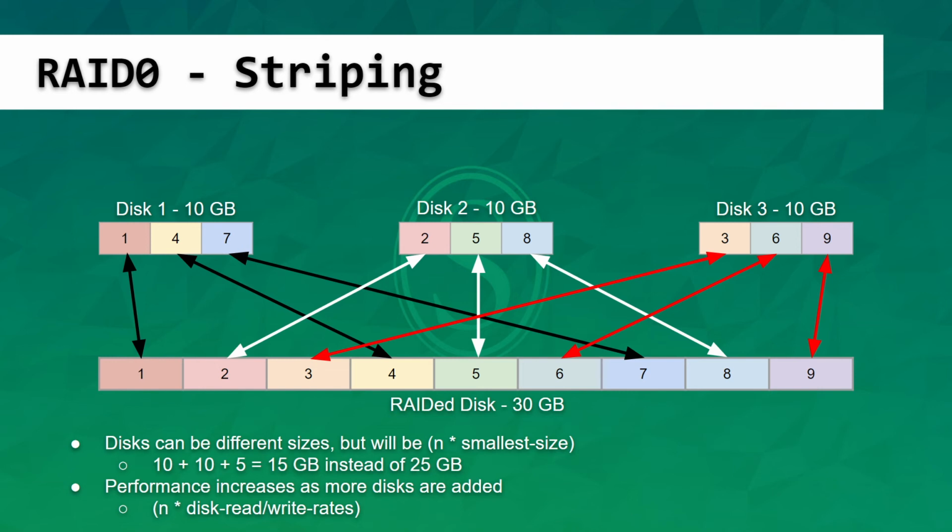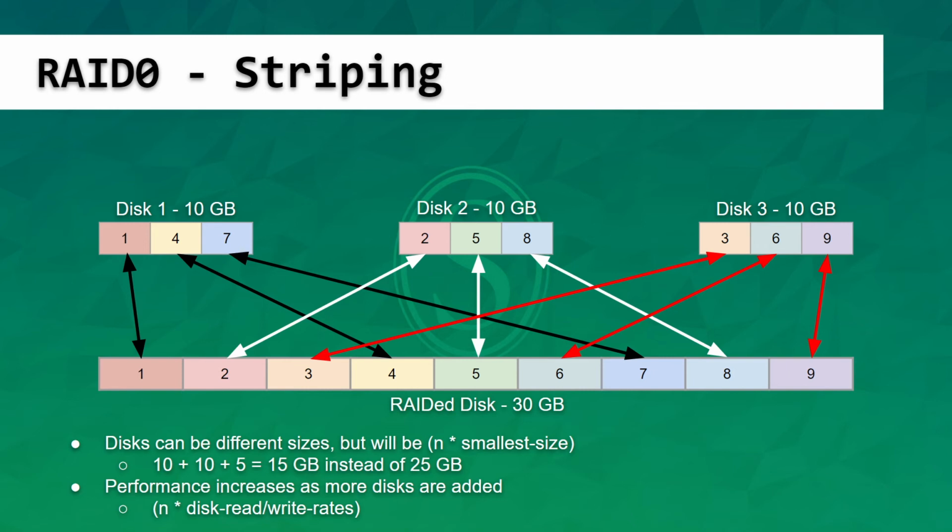So just understand that RAID 0 has a requirement for at least 2 disks in order to be a RAID set. But it's not restricted to anything. It's as big as you want to make it. If you wanted 3 disks, if you wanted 4 disks, if you wanted 12 disks, as long as you have the connections for it, it will work for you.